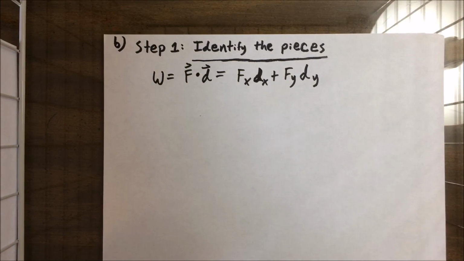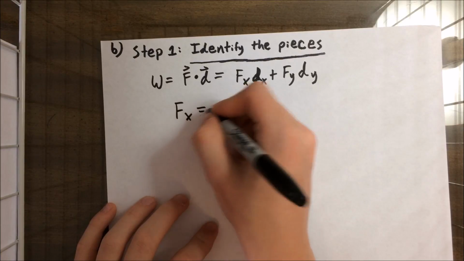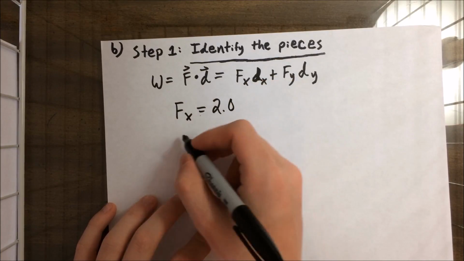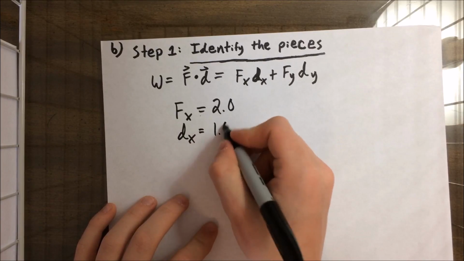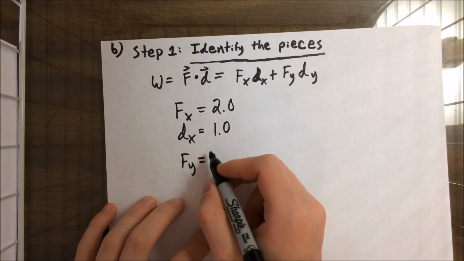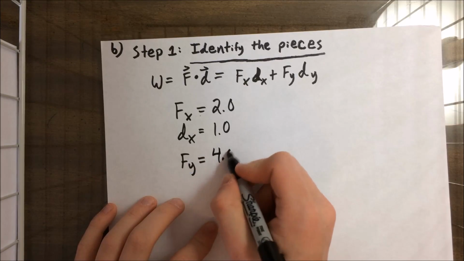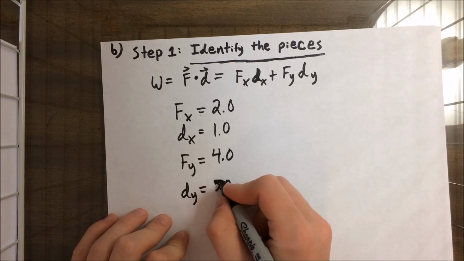So Fx is going to equal 2.0, dx is going to equal 1.0, Fy is going to equal 4.0, and dy is going to equal 5.0.